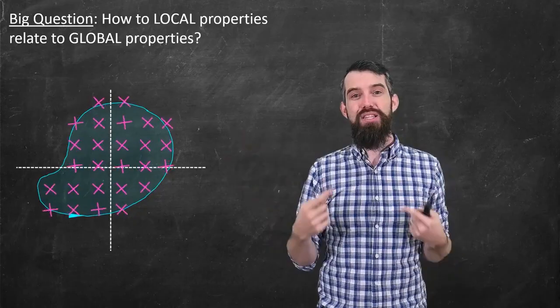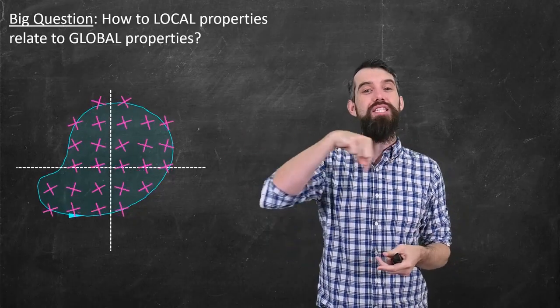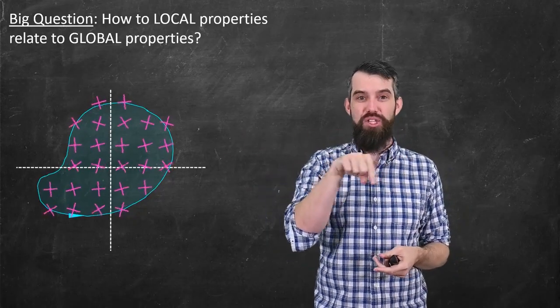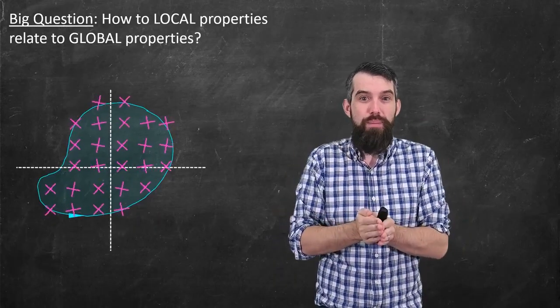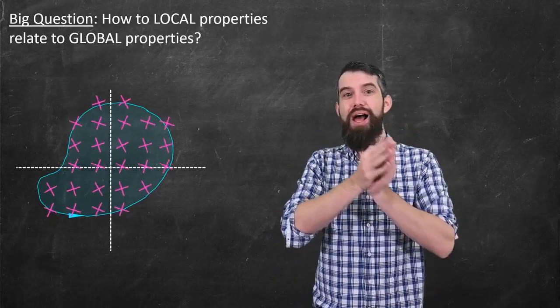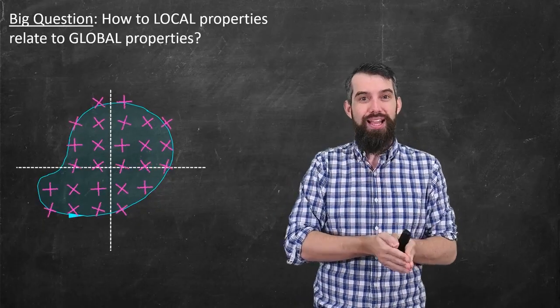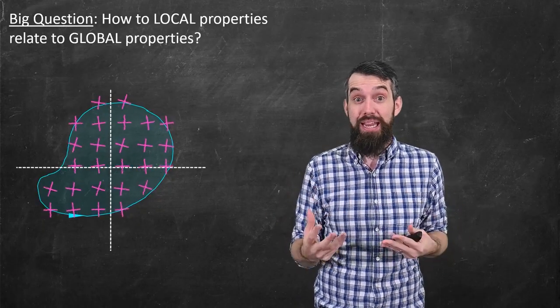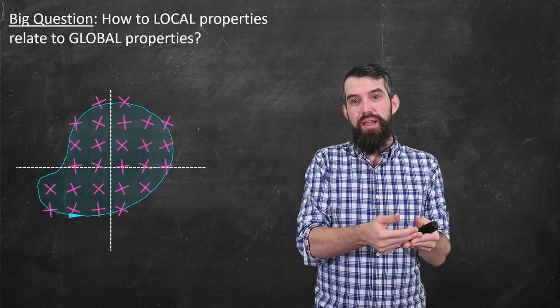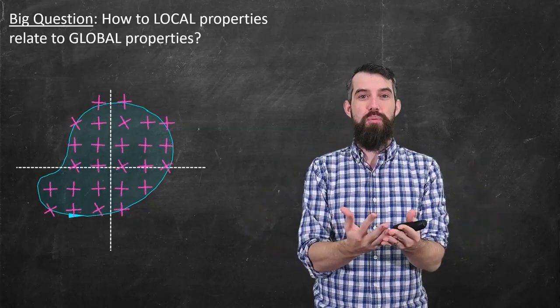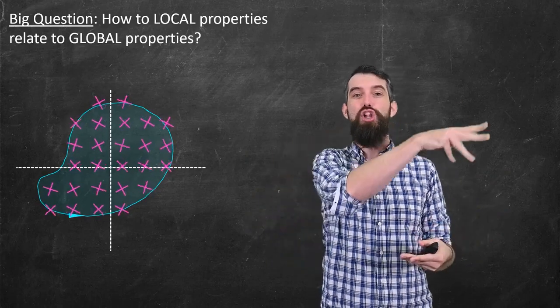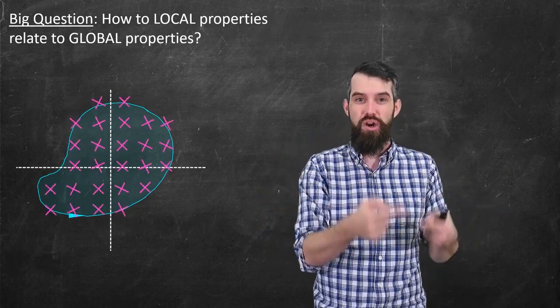So for example, if I had a vector field, which I didn't plot the actual vectors here, but imagine I did, and imagine that that vector field caused little spinners to spin around at every single point. This is a local property because at any individual point it might be going clockwise or counterclockwise, faster or slower. It's something that's true, this degree of spinning at every single point. And then the question is, how does that relate to a larger global property, like the tendency for a particle to flow around the boundary curve?